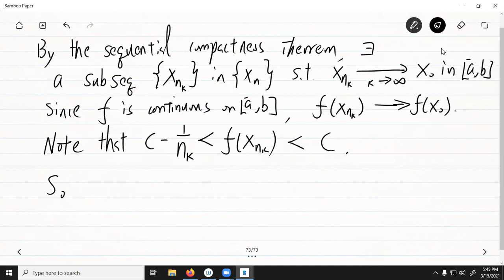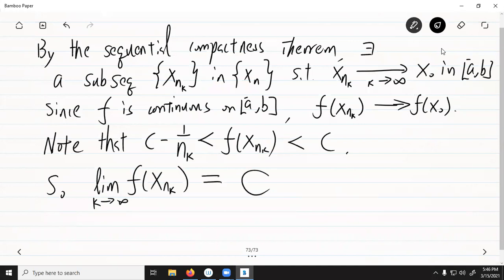So the limit as k approaches infinity of F of Xn sub k would be equal to C. And we know F of Xn sub k will approach F of X0. Then F of X0 must be equal to C, right? We only have one limit.